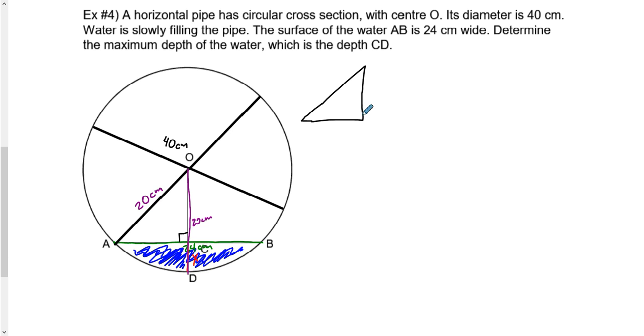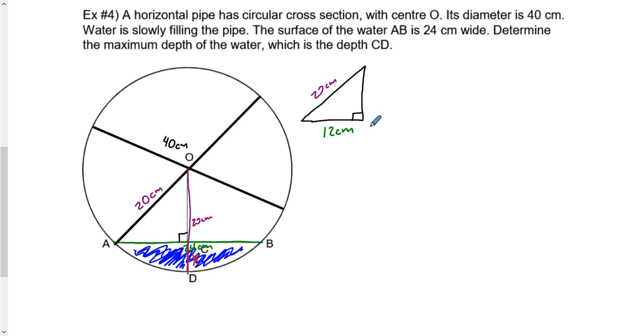One of them is we have a right angle triangle. This hypotenuse is 20 centimeters. And if we have this chord, and we have this line drawn perfectly to a 90-degree angle, well, this entire chord has been bisected, which means instead of 24 centimeters, it's 12 centimeters.